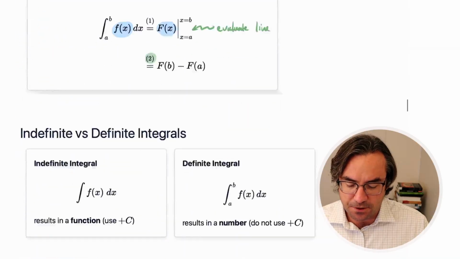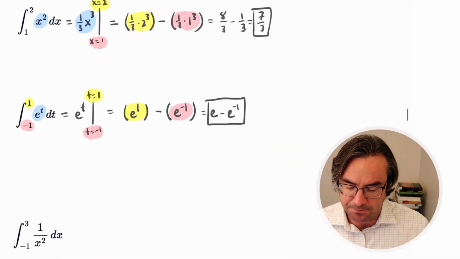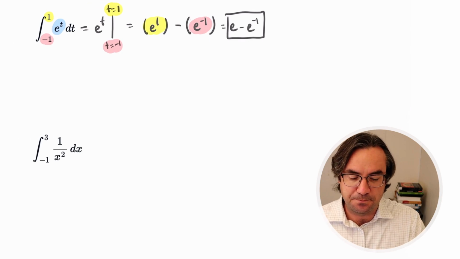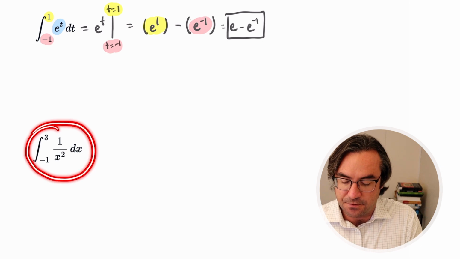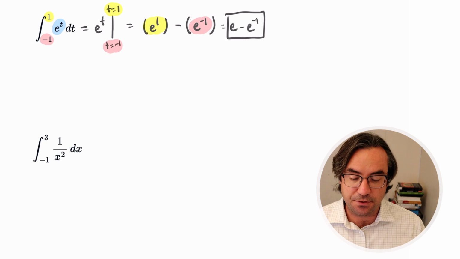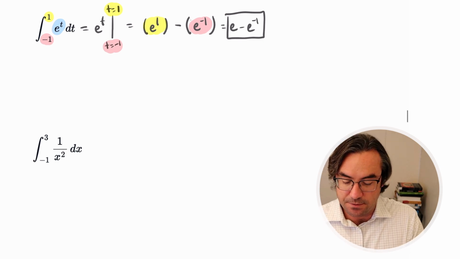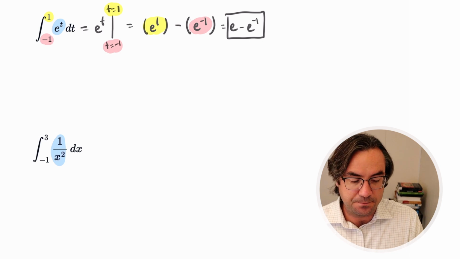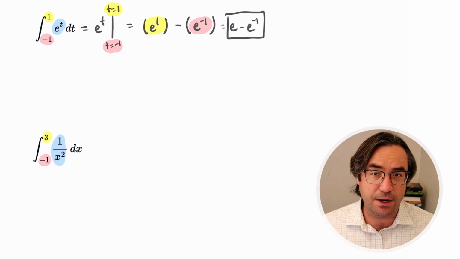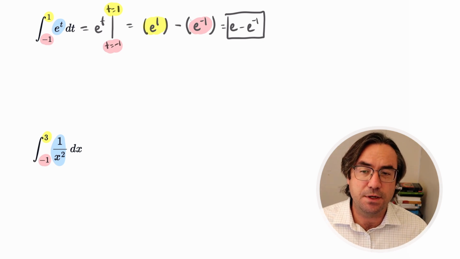And so the last example that we'll look at, part of example 1 here, this integral of 1 over x squared from negative 1 to 3, this one doesn't fit the bill. Because we're integrating the function 1 over x squared, and we're going from negative 1 to 3.